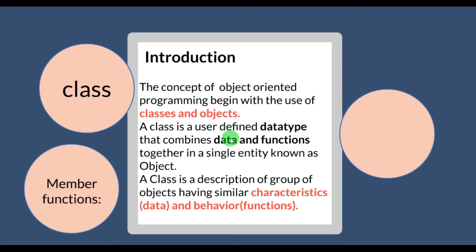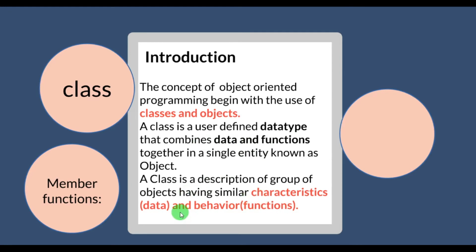So here we have data members and member functions inside a class. This is one more way of defining a class. With this definition, if you are comfortable with it, go with this, or else go with the other.